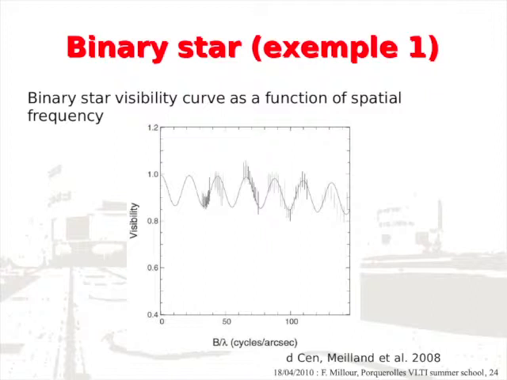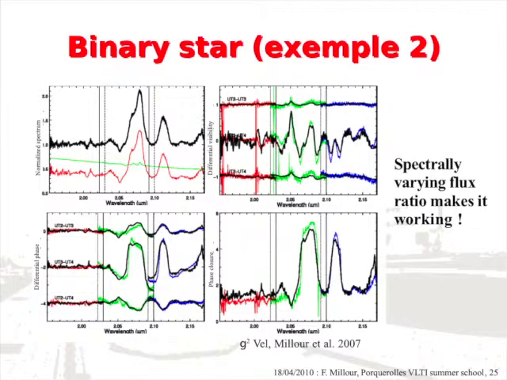But this is not always the case, and you can have binary stars where you have strong modulations everywhere. In this particular case, it's a star called Gamma Vel, and if you look at the spectrum, you see that the spectrum has a lot of emission lines.